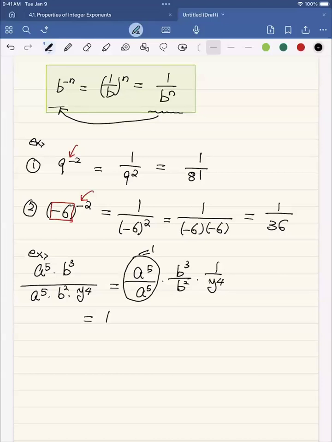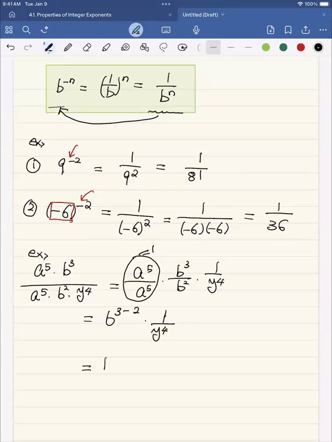And then the second one is positive power in the numerator minus the exponent in the denominator. So that is, and then let's write down 1 over y to the 4th power.